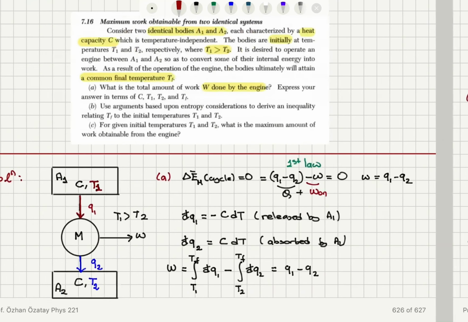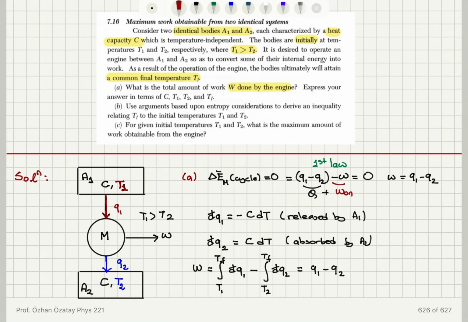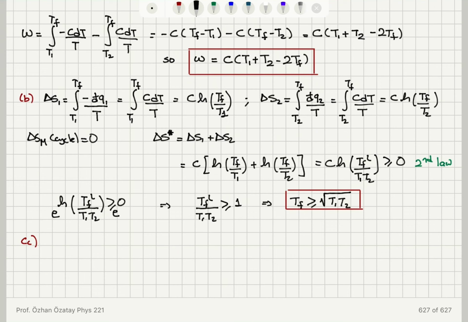Part C. For the given initial temperatures T1 and T2, what is the maximum amount of work obtainable from the engine? So I look at the work, it is C times (T1 plus T2 minus 2T final). So I want to maximize this. How do I maximize it?